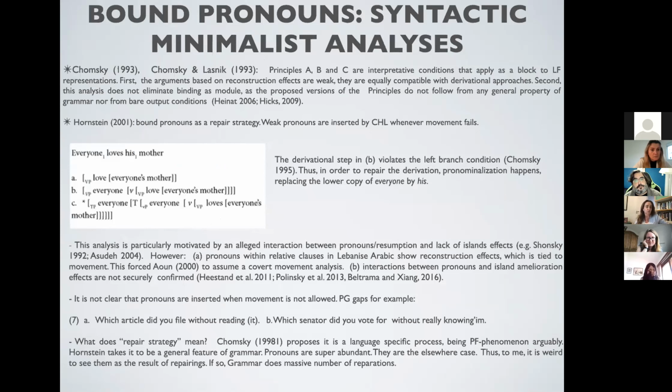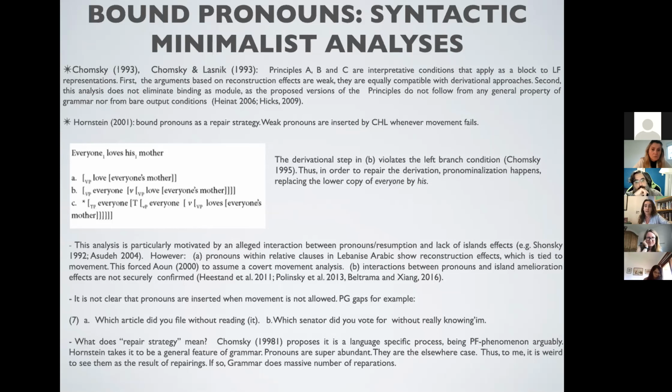I'm going to talk to you about three different analyses that we already have. For example, Chomsky 93 and Chomsky and Lasnik 93 assume that principles A, B, and C are interpretative conditions that apply as a block at LF, and their arguments are based on reconstruction effects. But these arguments are really weak because they are equally compatible with derivational approaches.